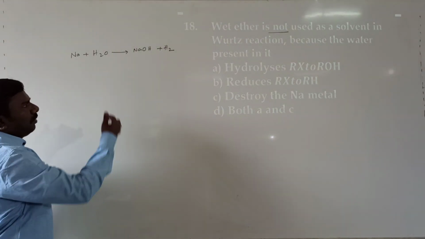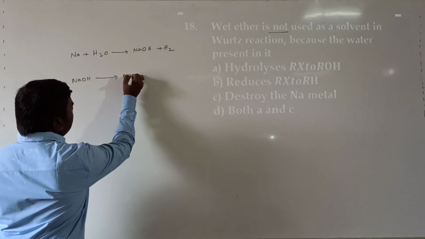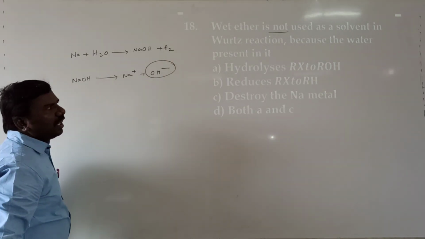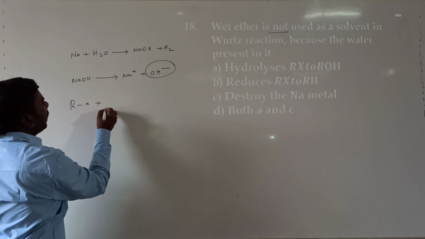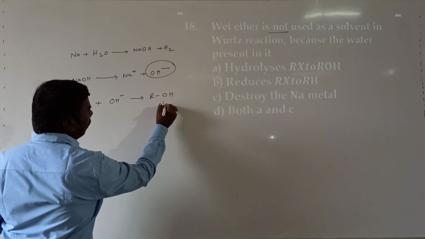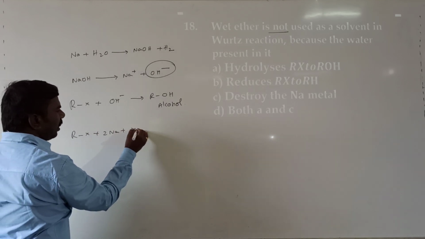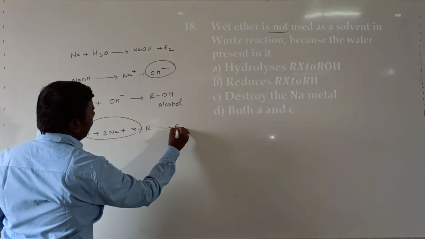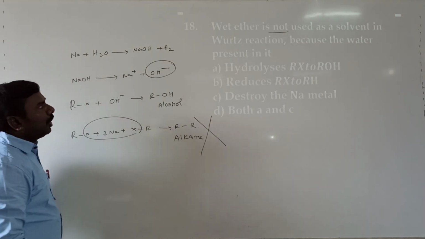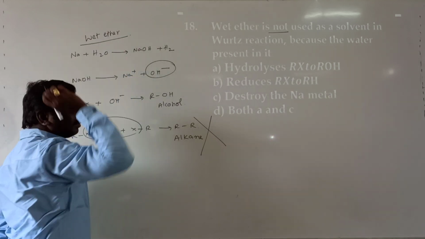So you can balance it. This NaOH generates Na+ and OH-. This is a nucleophile. Then alkyl halide RX plus OH- gives rise to ROH, alcohol. But actually, RX plus 2Na plus XR gives R-R, an alkane. This reaction will not happen in presence of wet ether.